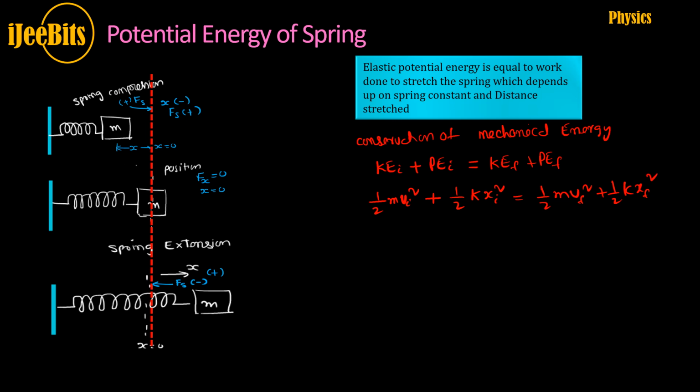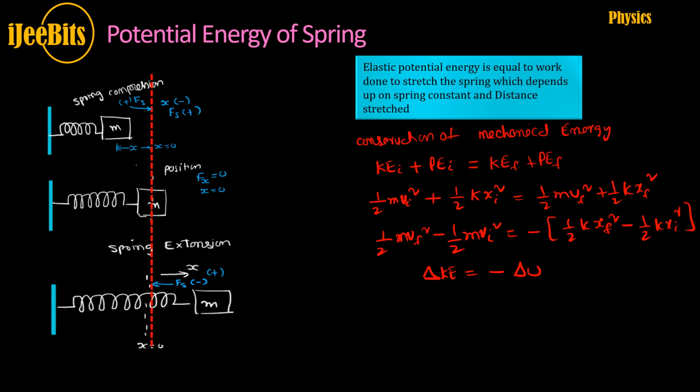So let's rearrange them. Half m vf squared minus half m vi squared equals minus half k xf squared minus minus half k xi squared, isn't it? So this is called the change in kinetic energy, correct? So this change in kinetic energy equals the change in potential energy, which is also nothing but your work done.